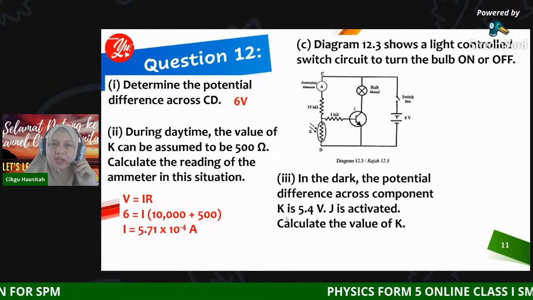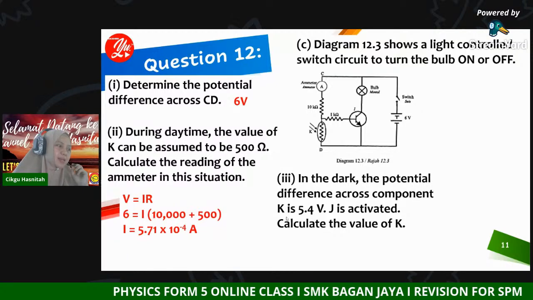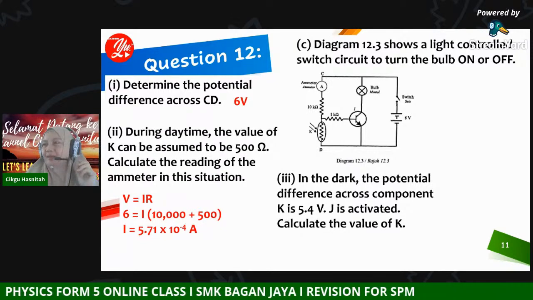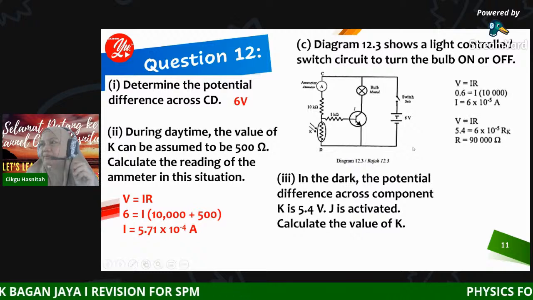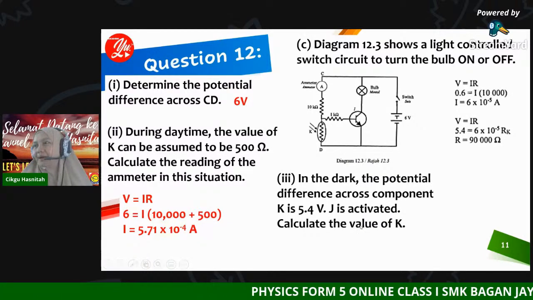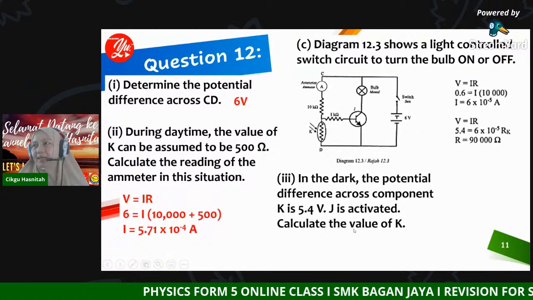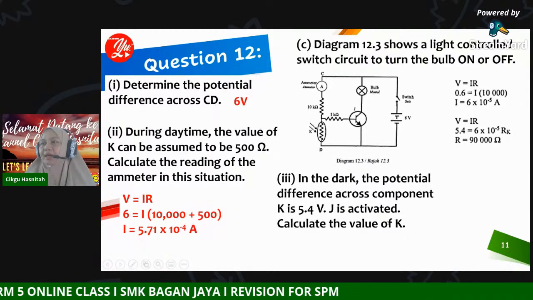This is not a rheostat, but a light dependent resistor. So how to find the value? Calculating the value for K means finding the resistance for K.